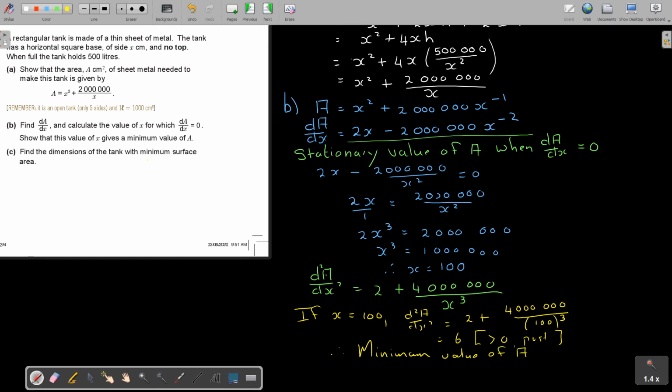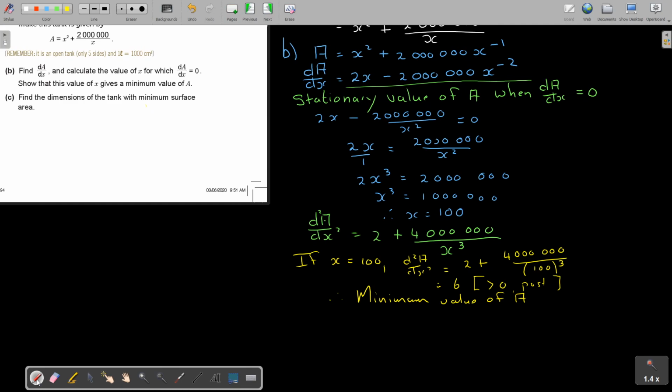Find the dimensions of the tank with minimum surface area. Okay, so we're almost done. Move up still a little bit. C, okay, I'm going to take another color.